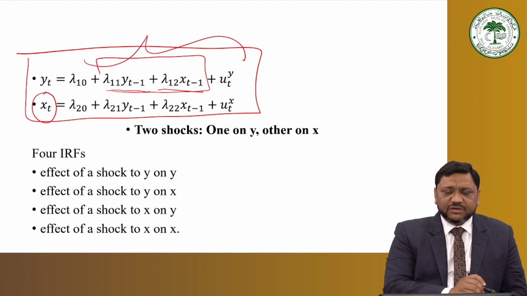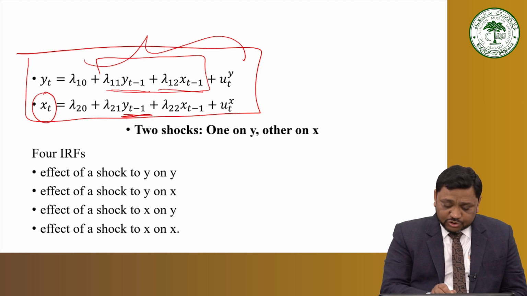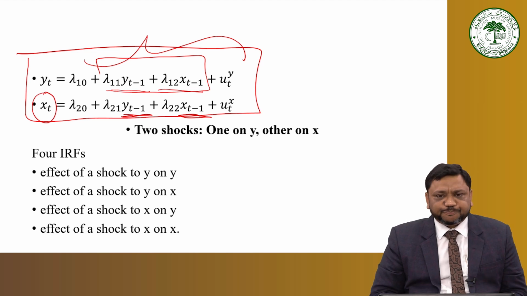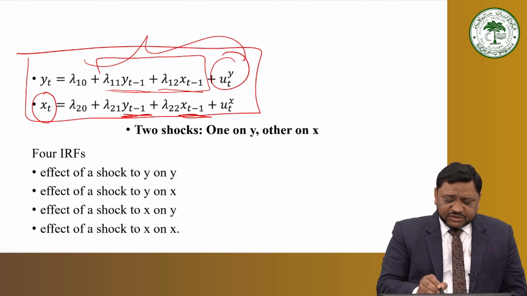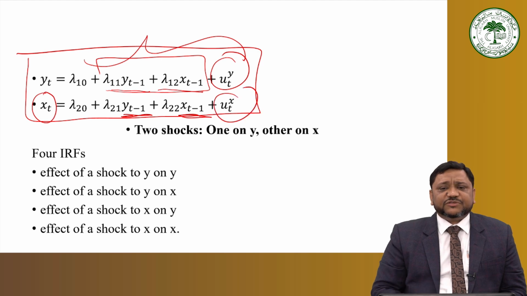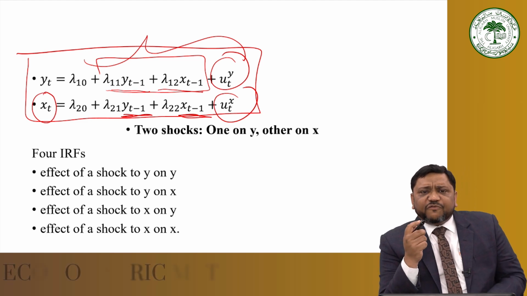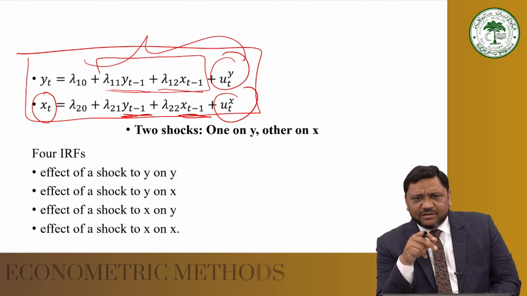Similarly, our xt is a function of yt minus 1 and also a function of lagged values of itself, that is xt minus 1. And these two errors, the error for y and the error for x, we also assume are unrelated with each other. So basically there can be two shocks, one on y and the other on x.